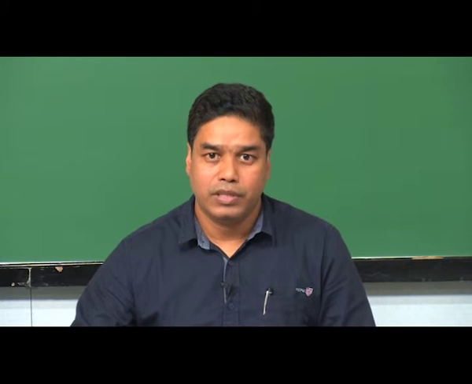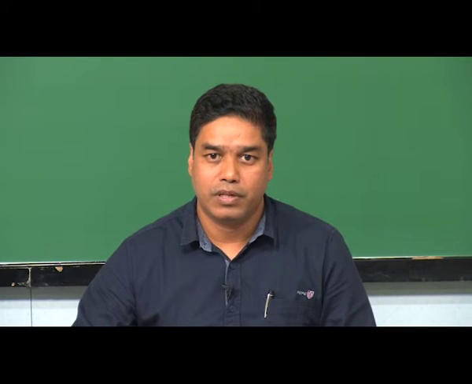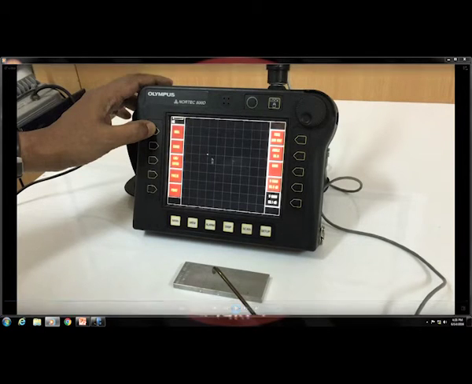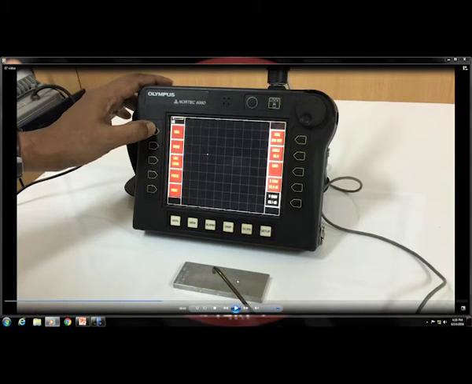So, this point as you see here is the beginning or that point in air. And as we move this probe onto the surface, you would see the lift off curve originating from this point and going down like this.